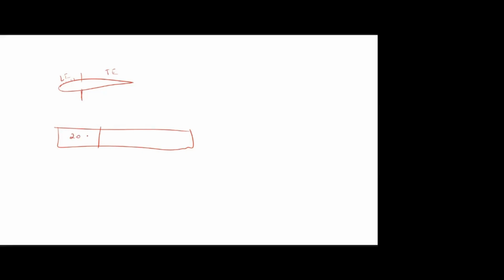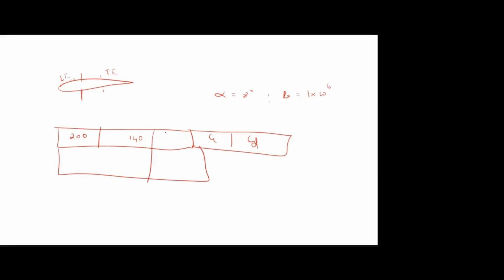So first here I'm giving divisions as 200, here 70, okay, 140 I'm giving. So I will get one CL CD value for a particular angle, for example 8 degree, and Reynolds number maybe 1 into 10^6, for example. I will check CL CD. Then next step, y plus also, the first cell height, you can change it if you want.